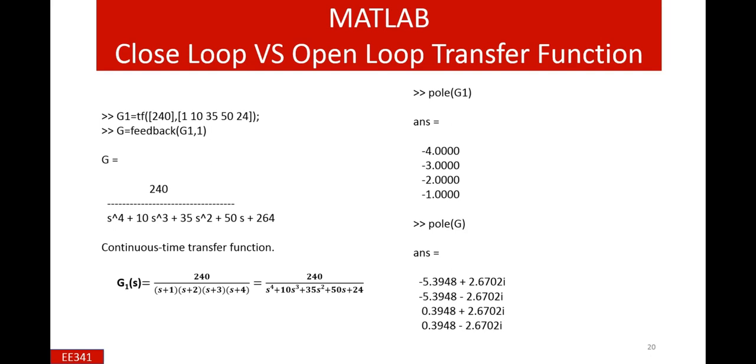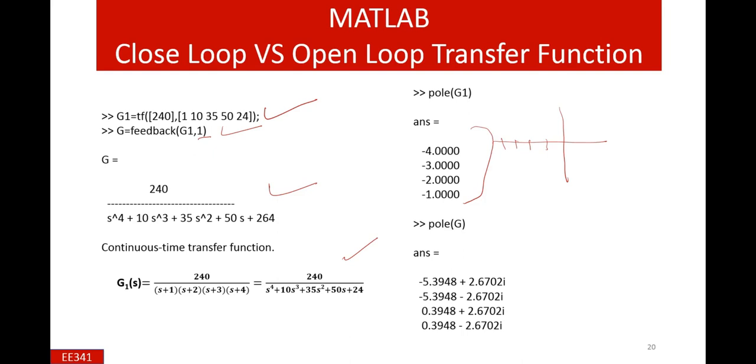So this is the open loop transfer function, and by using unity feedback we find the closed loop transfer function. Using MATLAB we find that in the open loop transfer function, all poles lie on the negative half plane at -1, -2, -3 and -4.